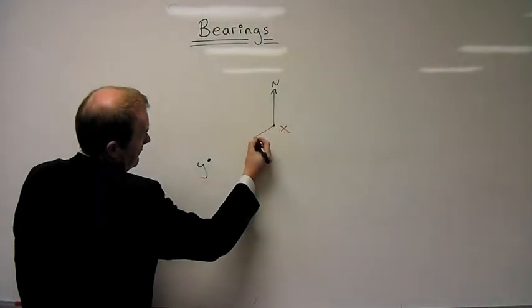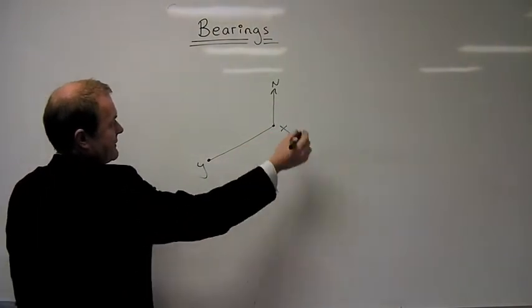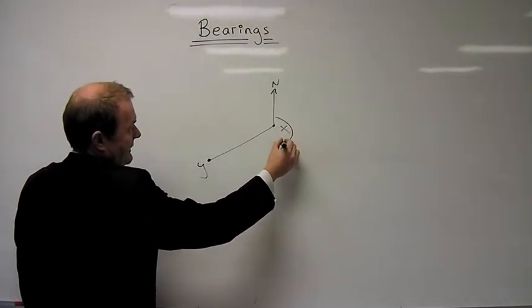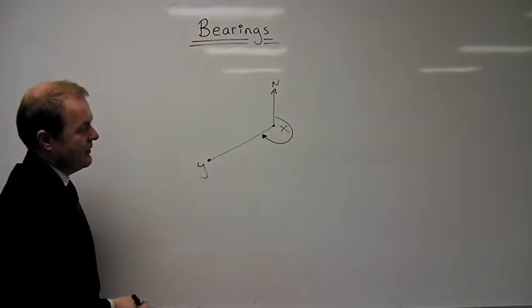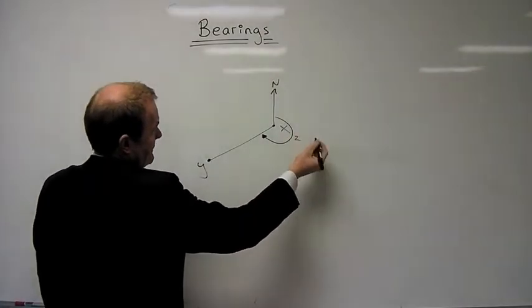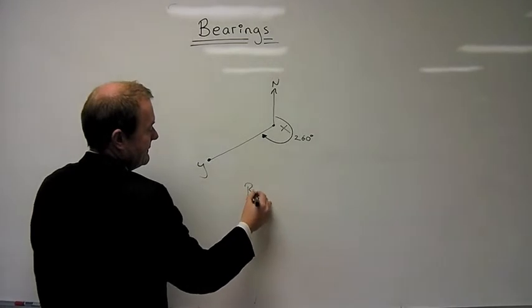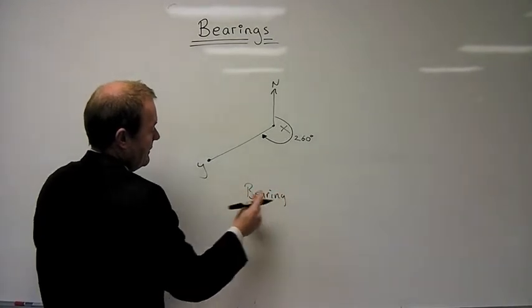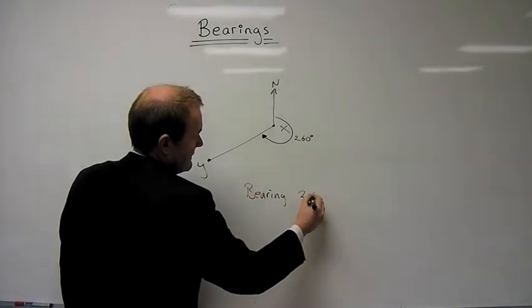So I've got to decide I'm going to walk from X to Y, so I have to measure that angle all the way around, and you always go clockwise round in order to measure the angle. So say for example that was 260 degrees, then my bearing of Y from X is 260.